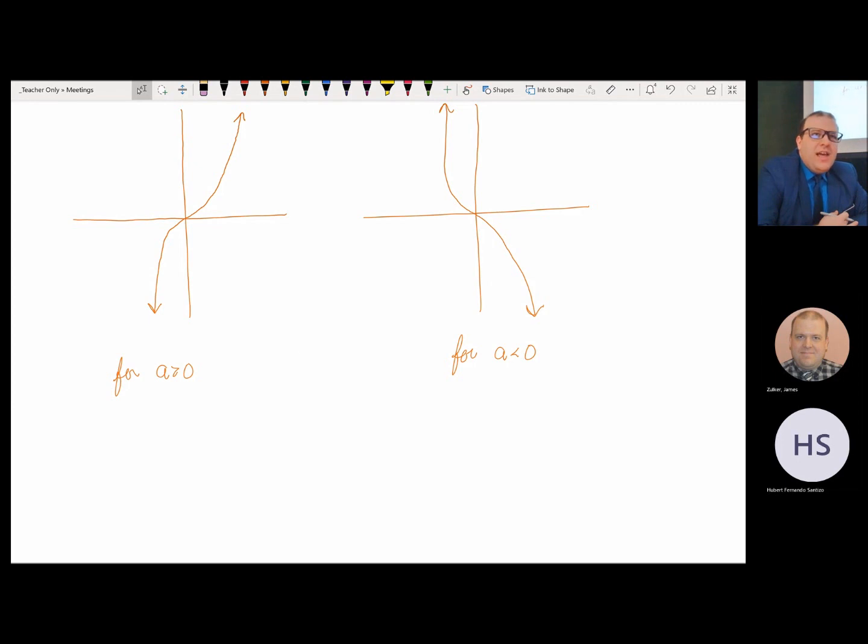It decreases without bound on the left, right? And it's increasing without bound on the right.